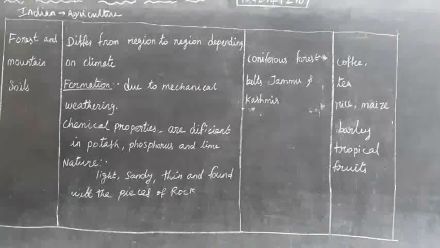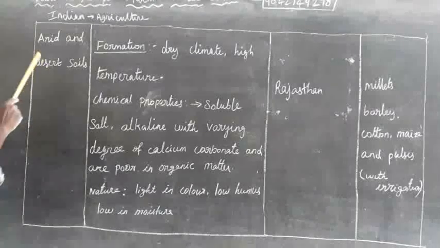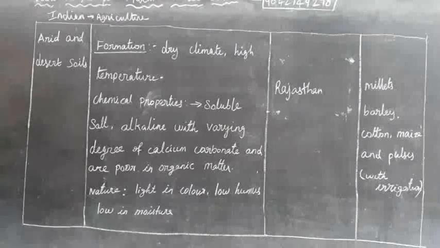Next topic, arid or desert soil. Desert soils are found in Rajasthan, Gujarat, and the southern part of Punjab.